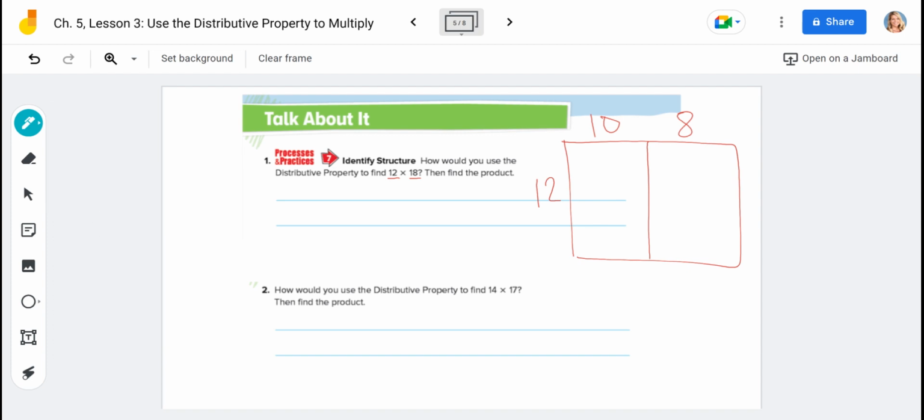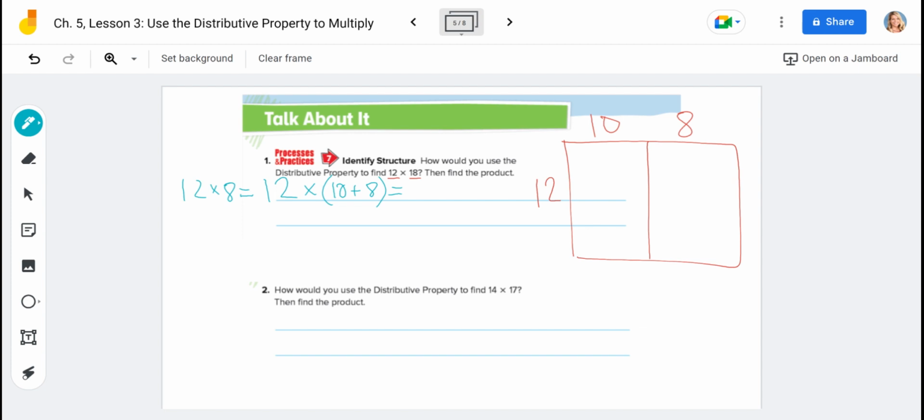So let me show you what that would look like over here with your distributive property. Now I'm going to write on the side because my handwriting is probably going to be too big. So I rewrite the problem like always. Now here's my extra step. I've got to show that I'm keeping the 12 the same and I'm going to multiply it by what I decomposed. 10 plus 8.